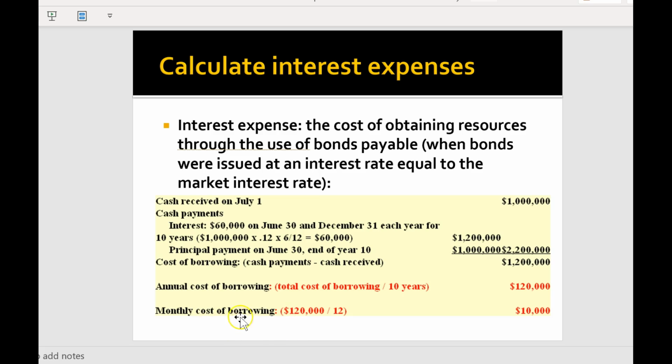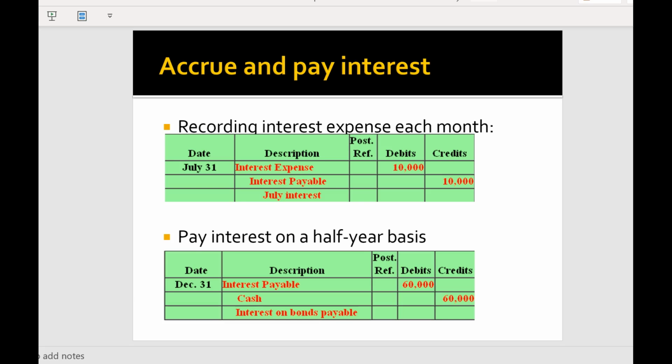So to record this, if we have a monthly reporting system, for each month we are going to debit interest expense, credit interest payable for 10,000 per month. Every 6 months, we are paying back the interest, right? So we are going to debit interest payable 60,000, credit cash 60,000. So we basically cancel out whatever we have accumulated in the payable account every 6 months and pay that by cash.